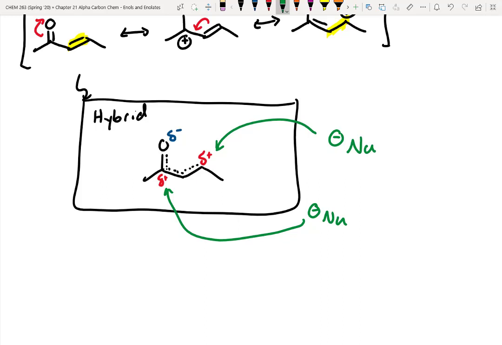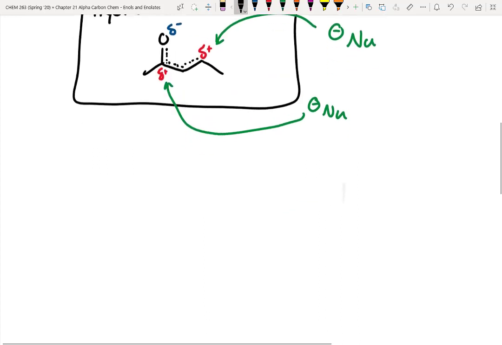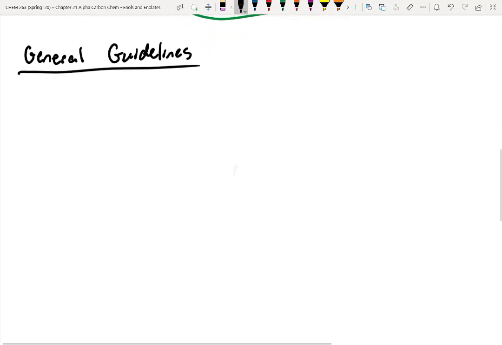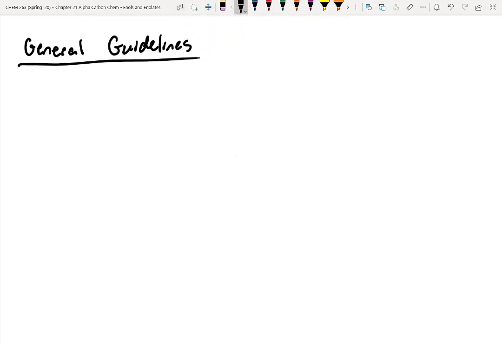So let's take a look at some general guidelines for predicting where these nucleophiles will attack. And this is just kind of basic, and then we'll get into this in a bit more detail. General guidelines. All right, the first one is that strong, unstable nucleophiles prefer to attack the carbon in the CO double bond.